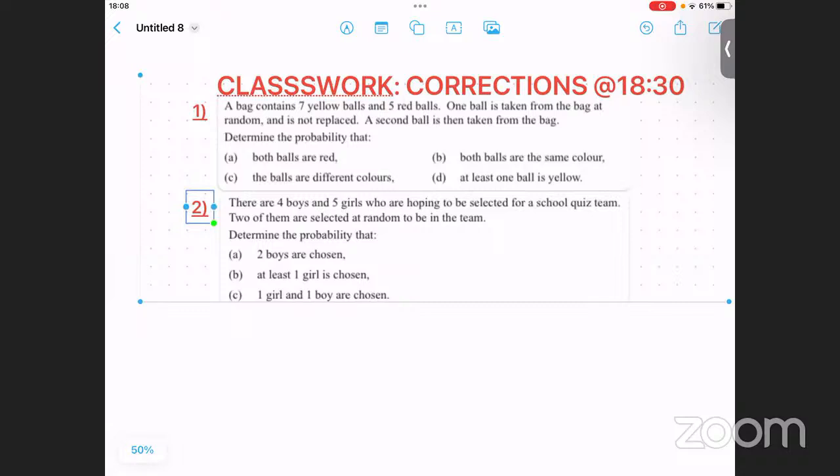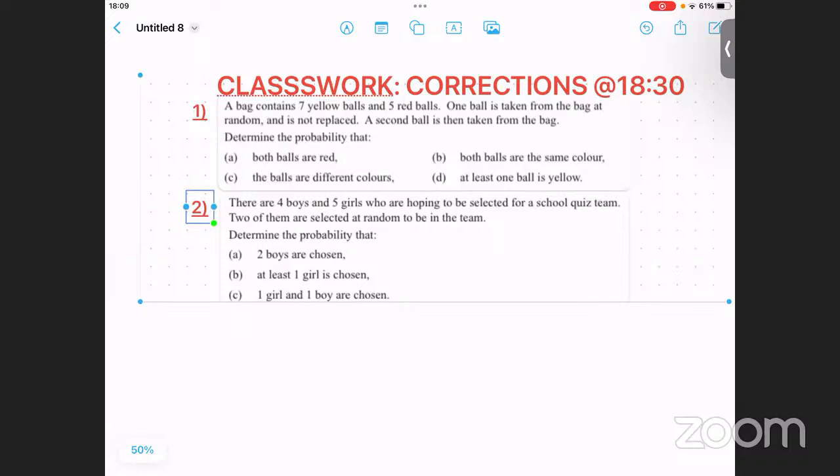A second ball is then taken from the bag. Determine the probability that both balls are red.